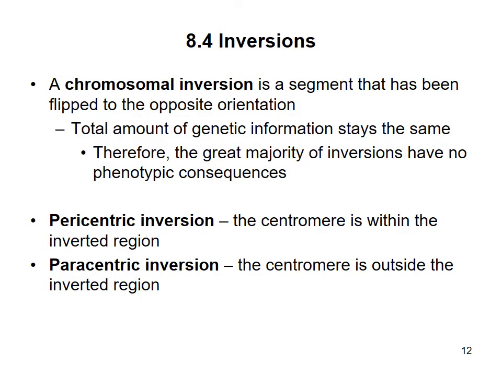Alrighty, now another example of a mutation that you might encounter when we take a look at our chromosomes are inversions. So inversions literally means that we just flip the orientation, the order of a particular gene on the chromosome, and it's very important to point out that unlike deletions and duplications, the total amount of genetic information stays the same.